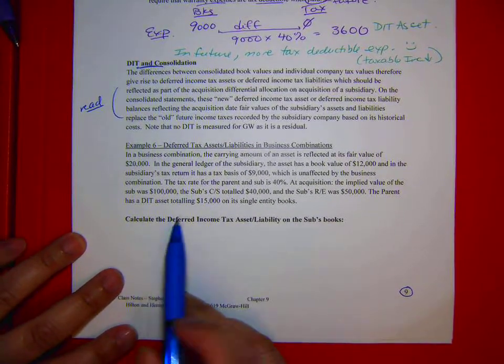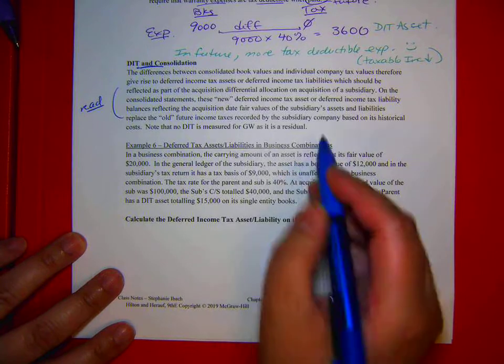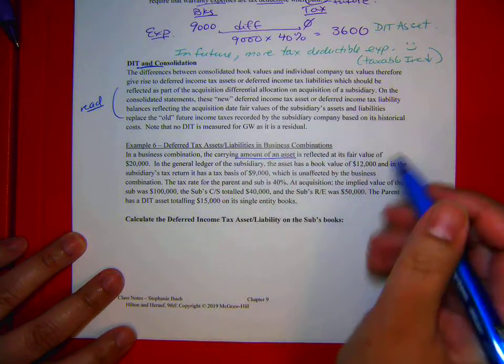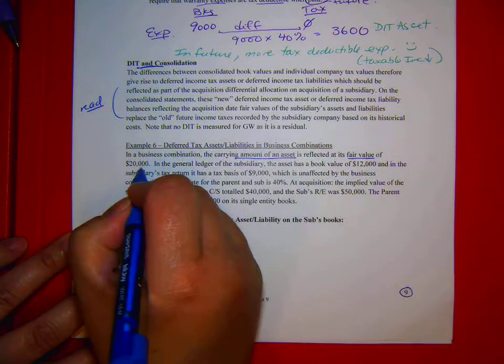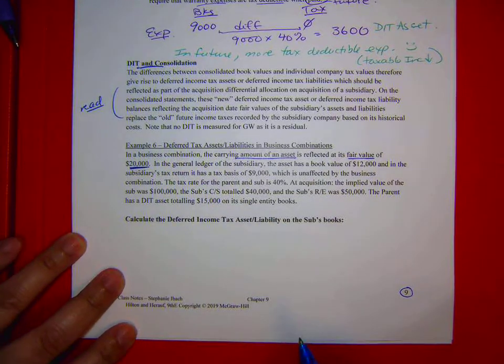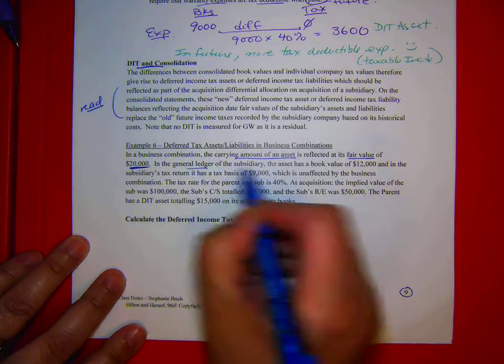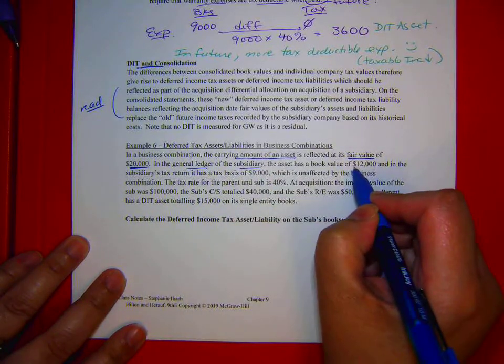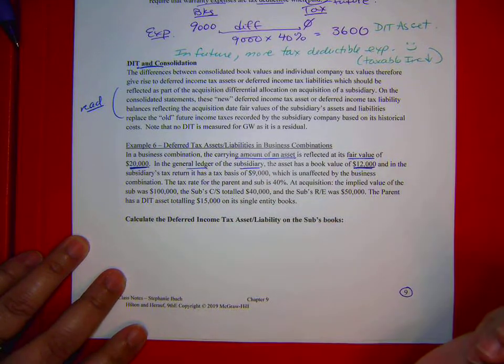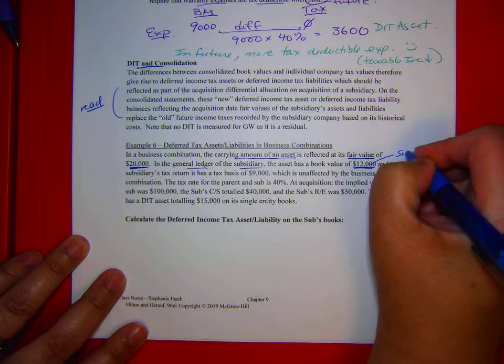In a business combination, the carrying amount of an asset, so on their books, is reflected at its fair value of $20,000. In the general ledger of the subsidiary, the asset has a book value of 12. So that's in the sub's books.